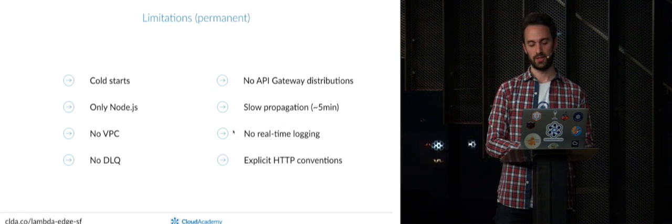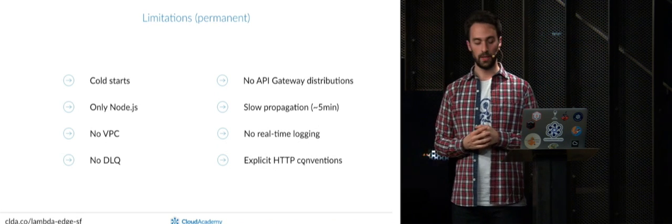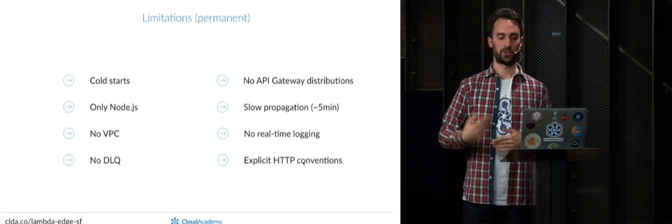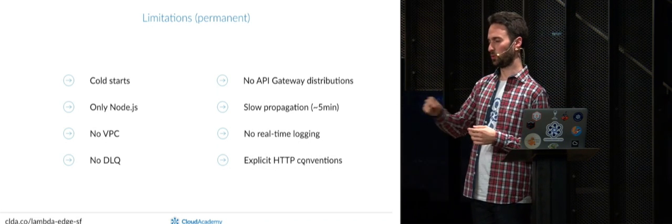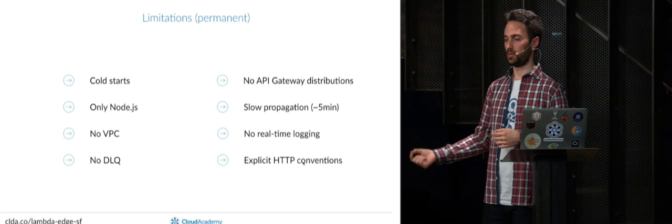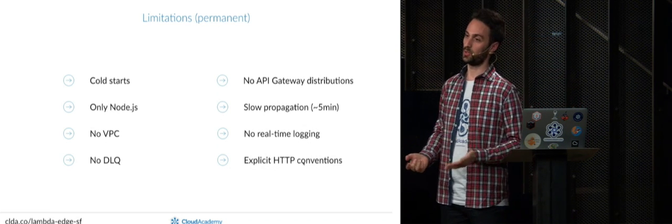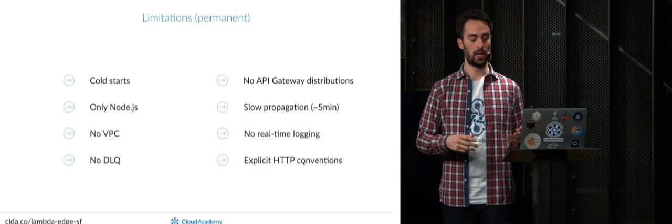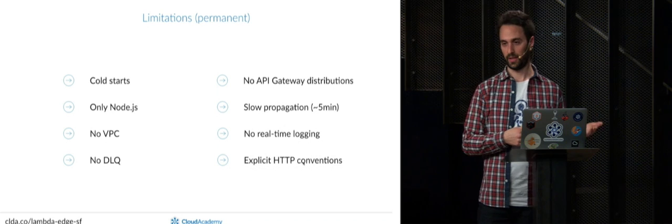Another little limitation, this is more of an annoying thing: you have to take care of every HTTP convention. For example, with the viewer request trigger, when a request comes, if it is an OPTIONS request in the HTTP protocol, you cannot return a body. You have to return only headers.